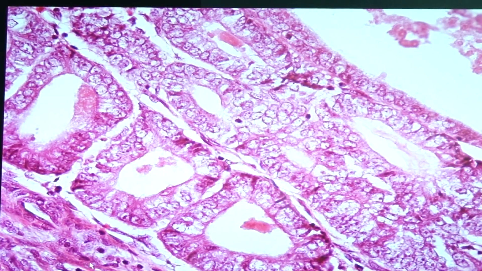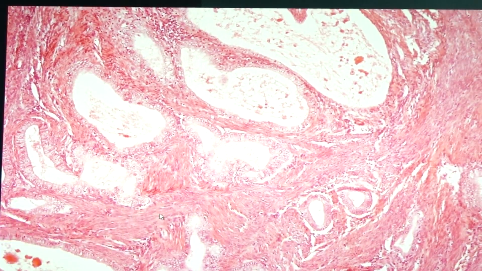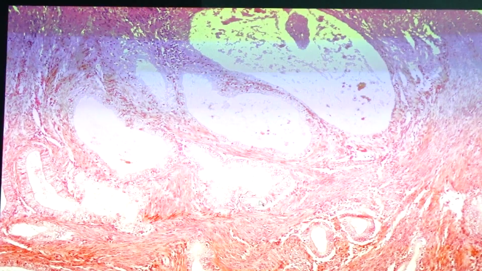So this one would be a nucleolus. They are seen infiltrating into the lower portion here. This would already be in the myometrium.